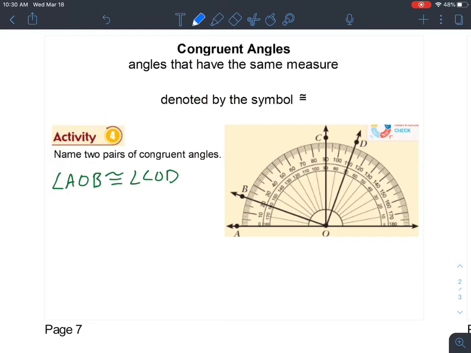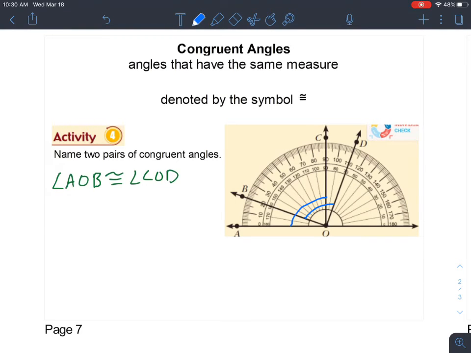Then I see another pair of angles. This one's going to be a little bit trickier, but I see that if we go between those two rays and between these two rays, those look like they're supposed to be the same as well. The first one, 0 to 90. The second one, 20 to 110.